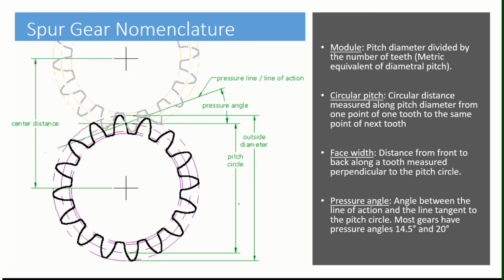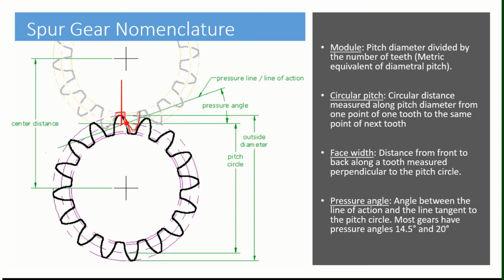And the other important term is the pressure angle. So when the teeth are in contact with one another, these teeth basically make a single point contact, and if we draw a horizontal line in the front view of these gears, then a normal drawn to that particular point of contact will make an angle with this horizontal line.